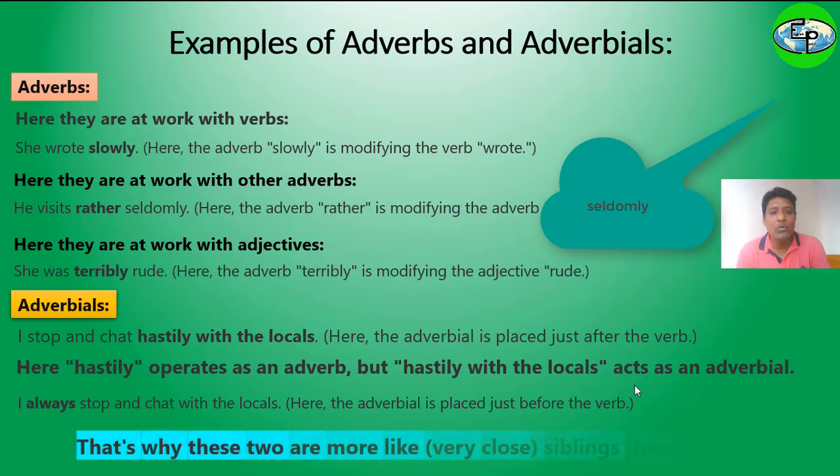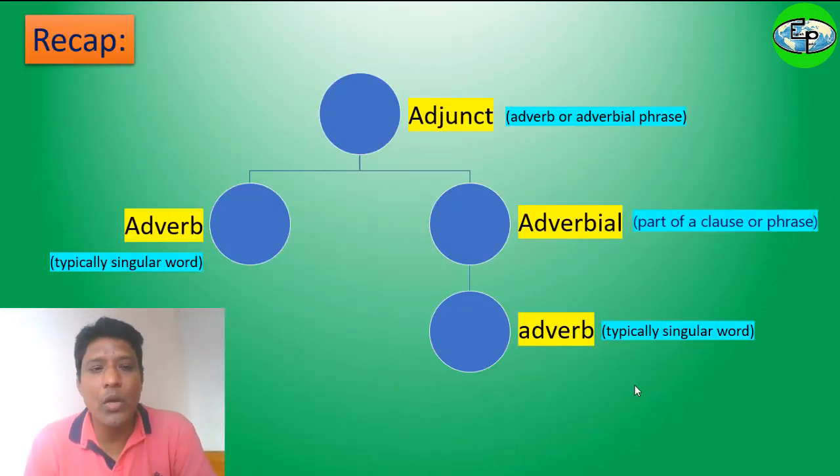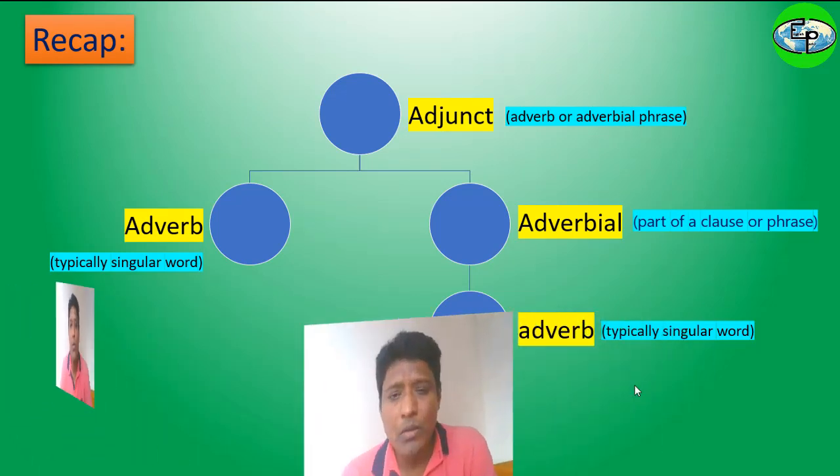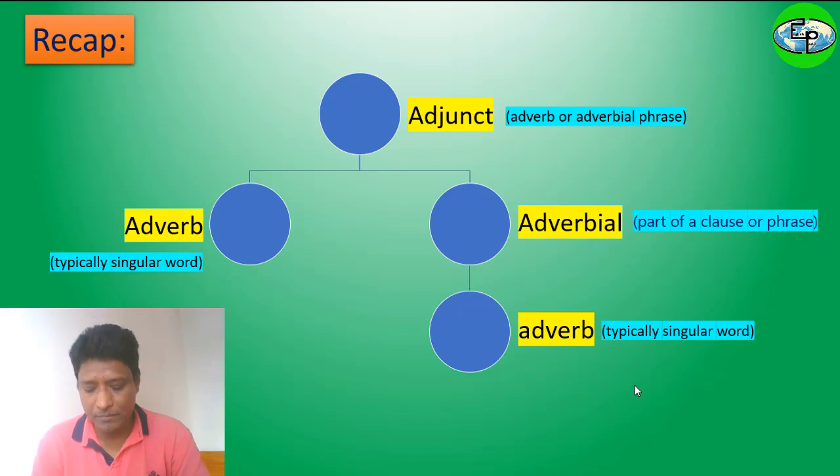That's why these two are more likely very close siblings than cousins. So to recap, we can see here adjunct constitutes adverb and adverbials, and adverbial constitutes adverb. Hopefully you have enjoyed this video and got some information about adjunct, adverb and adverbials in detail.